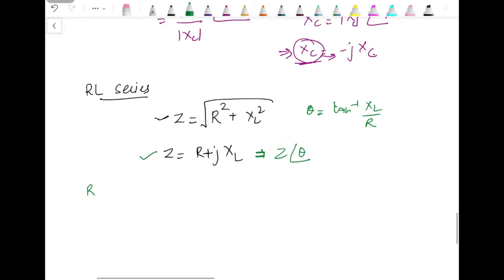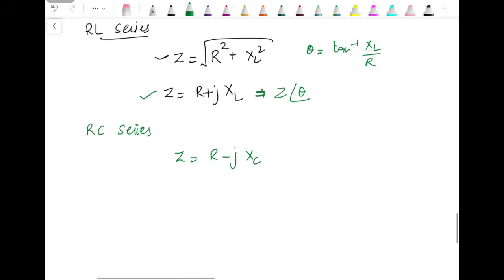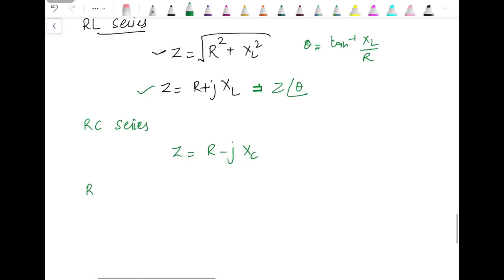In case of RC series circuit, Z is written as R minus JXC. In case of RLC series circuits, Z is actually written as R plus J into XL minus XC.